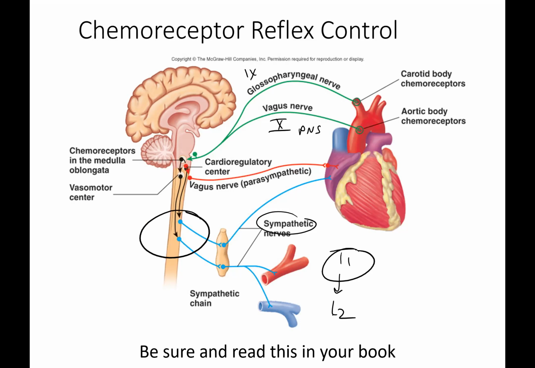And then your lumbar, L1, L2, will go down to the lower parts of your thorax. So they're level appropriate nerves. We find the sympathetics between T1 and L2, and they are just level appropriate. So the upper thoracics will do your heart stuff, and the lumbars will do the lower body stuff, as an example.